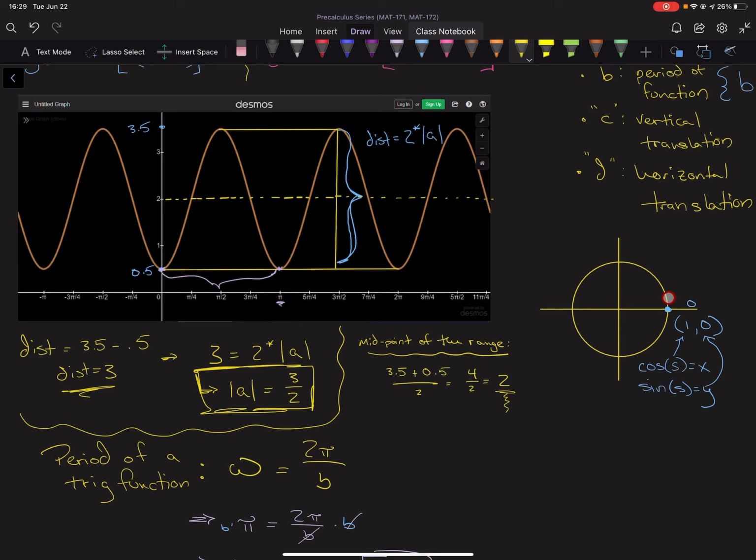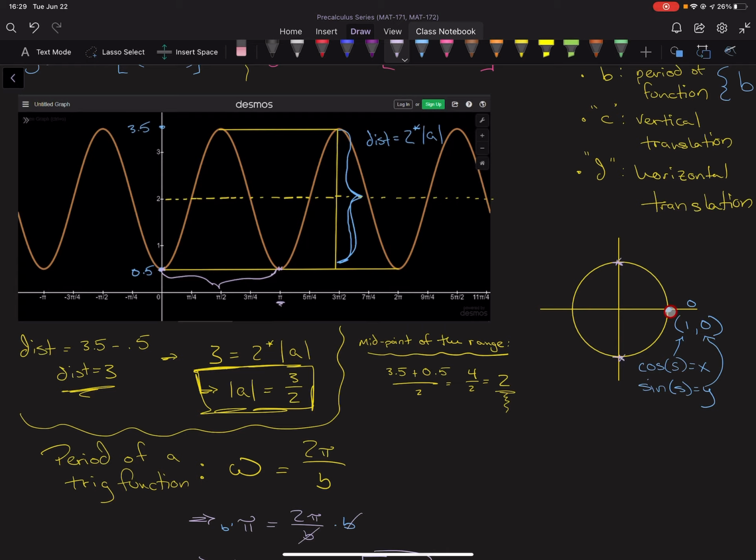So we need to find out how far from 0 this thing has been displaced. Typically, the halfway point would be here at 0, but lo and behold, the halfway point has been shifted 2 units up.